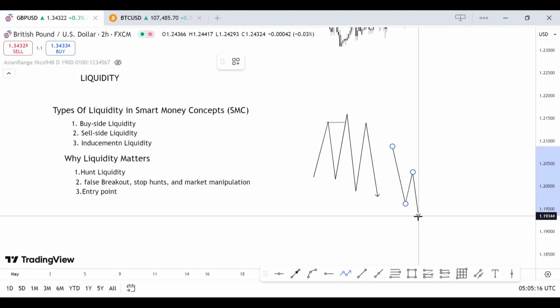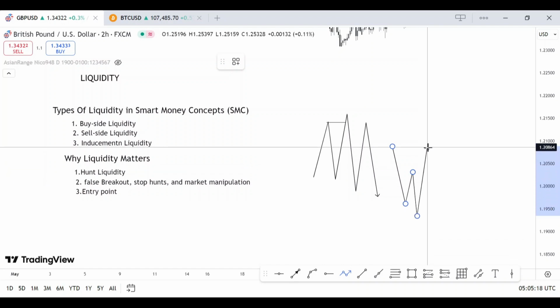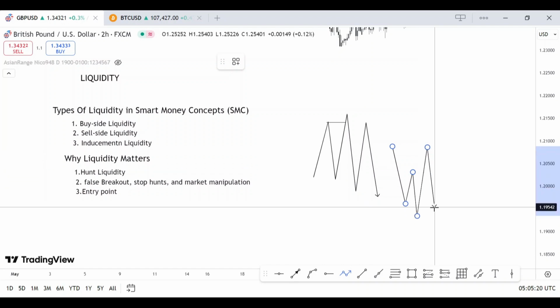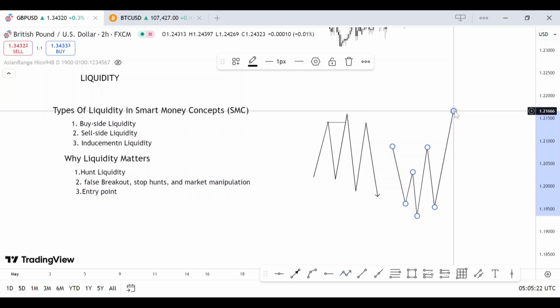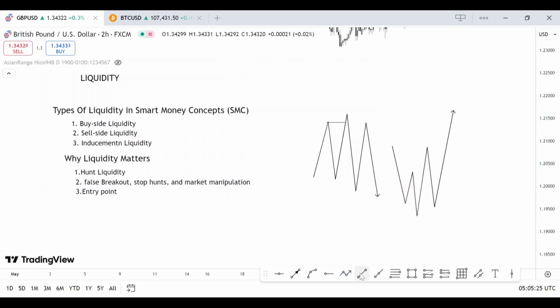Price came, swept the current low, broke structure to the upside, then came back, then moved to the upside. This leg right here is your sell side liquidity. Price hunts for stop losses.